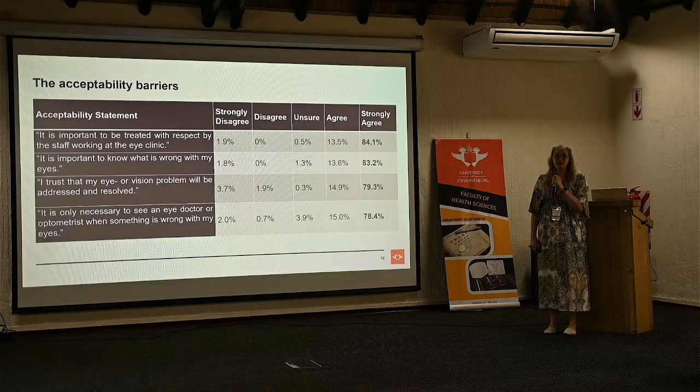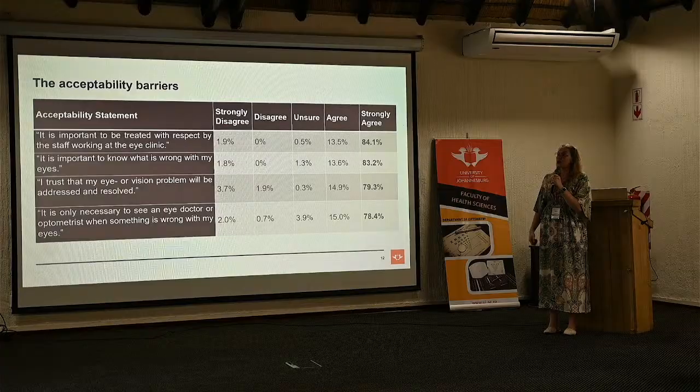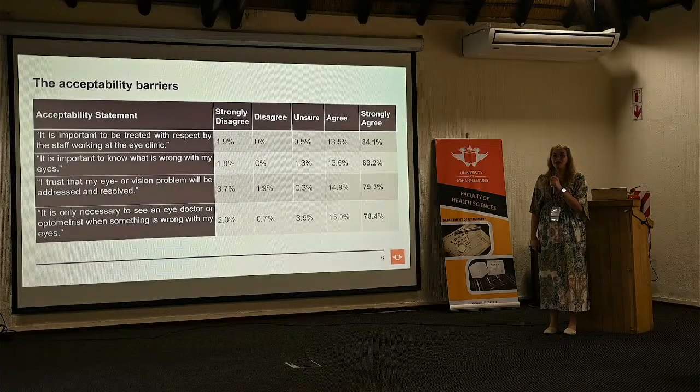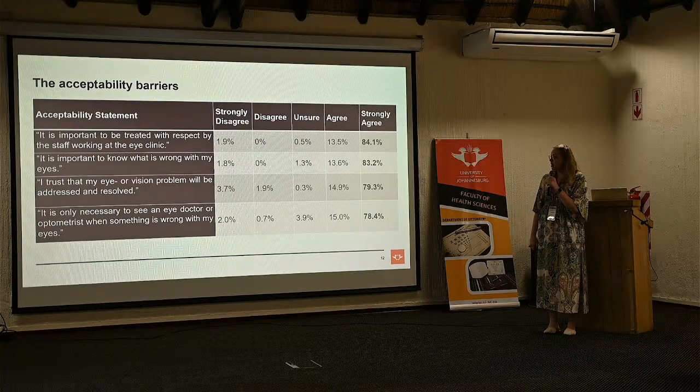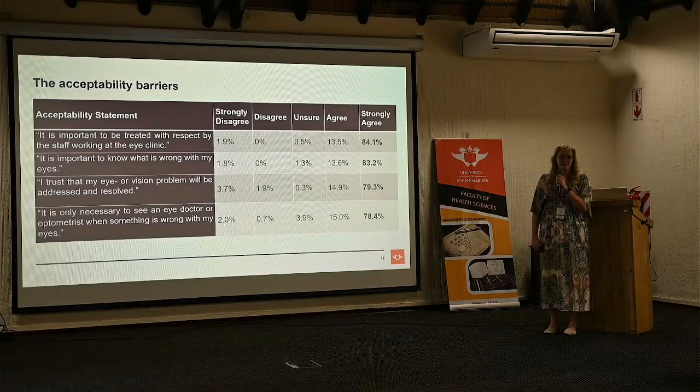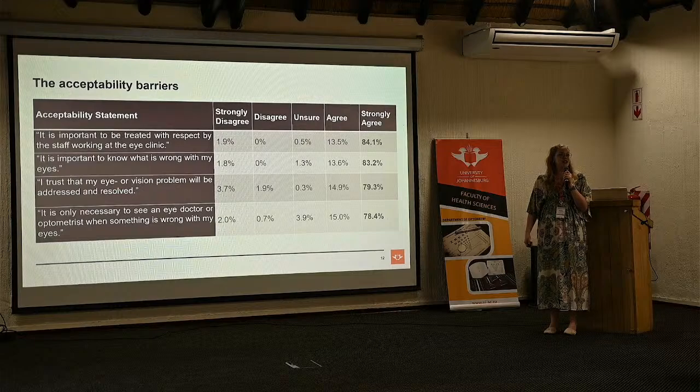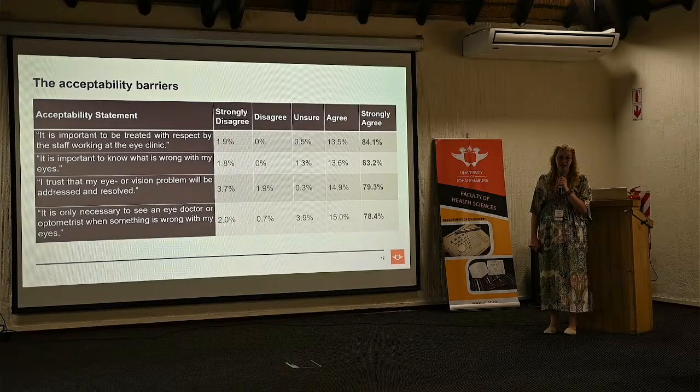It's also important to patients to understand what is wrong with their eyes and why they need help. They also felt it very important to be able to trust the system to address their problem. And lastly, most of them felt that they only needed to see an optometrist when something was wrong, meaning symptomatic presentations.